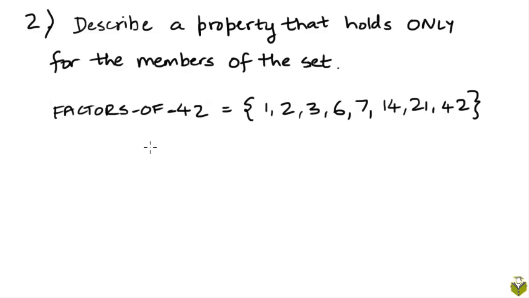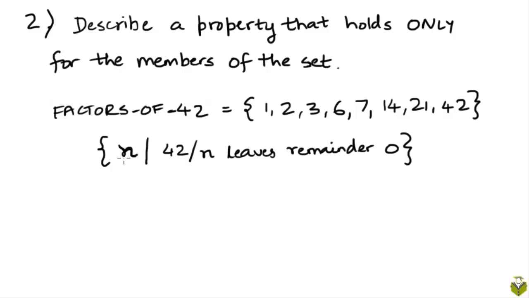We could also represent this set in a different way. We could say that factors of 42 is a set of all numbers n such that 42 divided by n leaves a remainder of 0. So note that this letter n is like a variable.